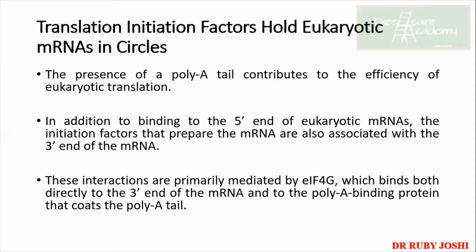Let's see that. So the presence of the poly A tail contributes to the efficiency of the translation. In addition to binding the 5' end of the eukaryotic mRNA, अभी हमने क्या देखा? That your eukaryotic initiation factor 4E is coming and binding to the 5' end of the mRNA, correct? Similarly, we have got proteins known as poly A binding protein.